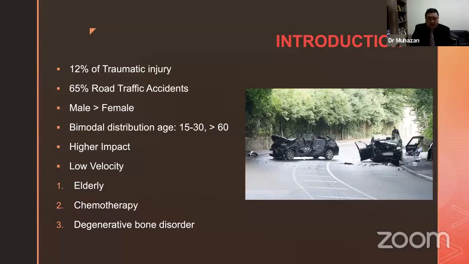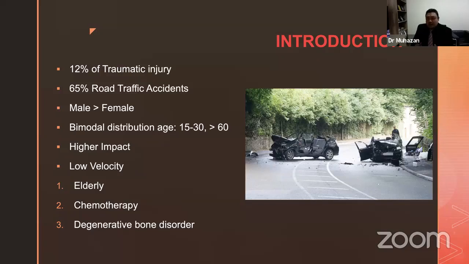So why is it such? It is because the mechanism of injury is divided into 2, the high impact and the lower velocity. The lower velocity, because when you think about pelvic injuries, you always think, oh, high impact mechanism, and you only think that young people who are riding motorbikes are involved.